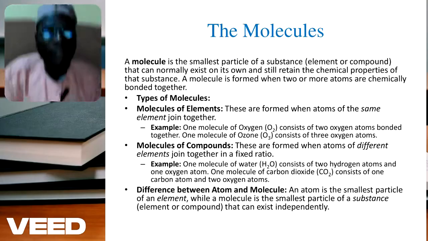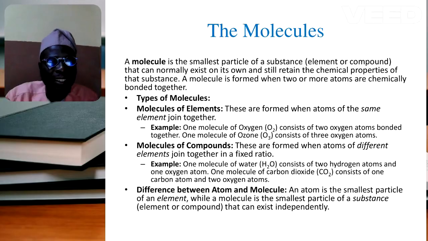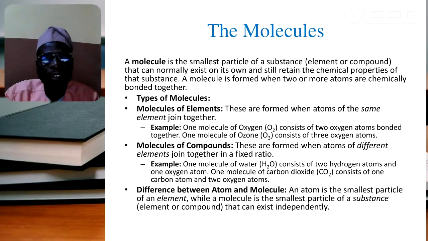So yìí là ń pè ní molecule. So to exist on its own and still retain the chemical property of that substance. So a molecule is the smallest particle of a substance that can normally exist on its own.